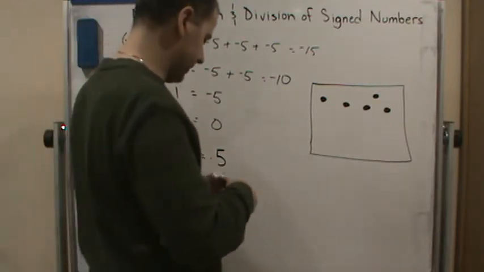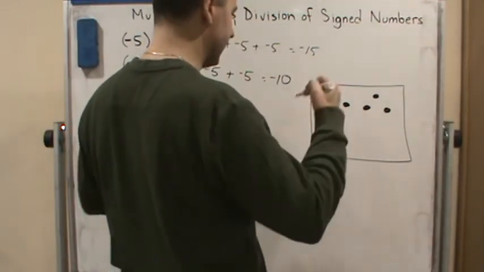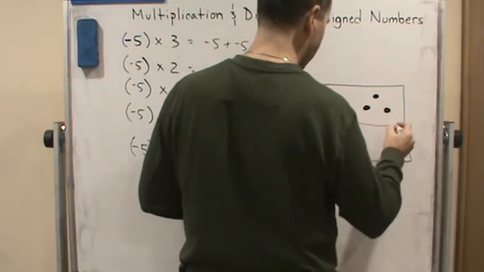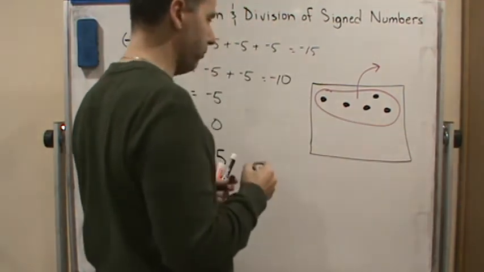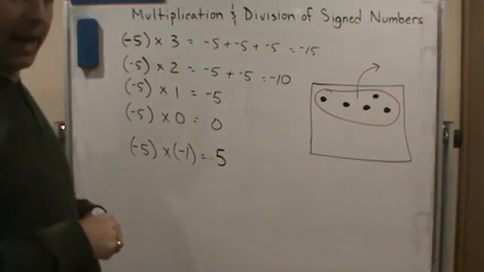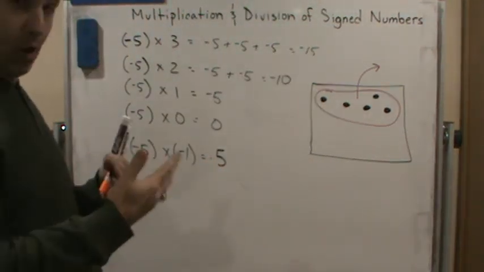And so in this case here, if I take these and I remove them, remember what happens. I have to have something to offset that.